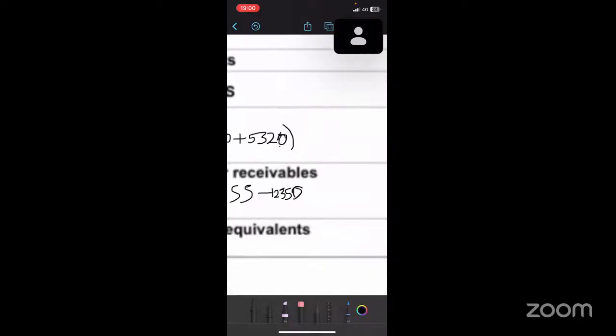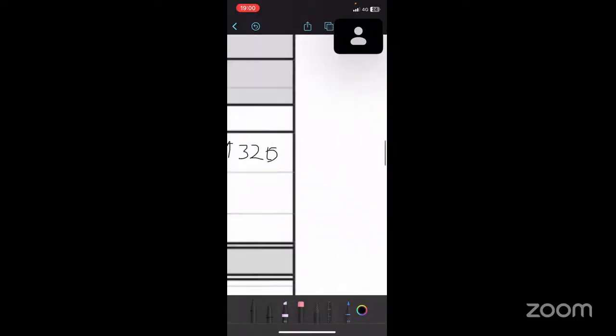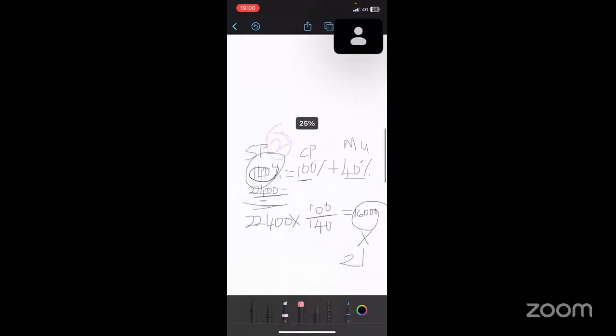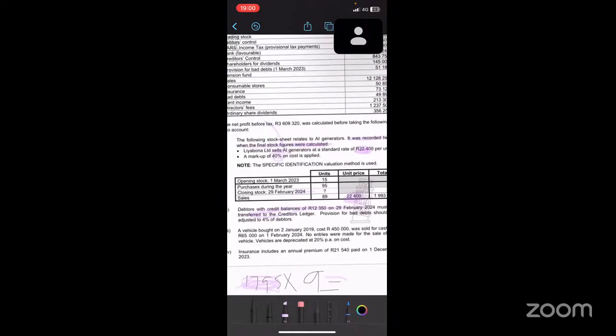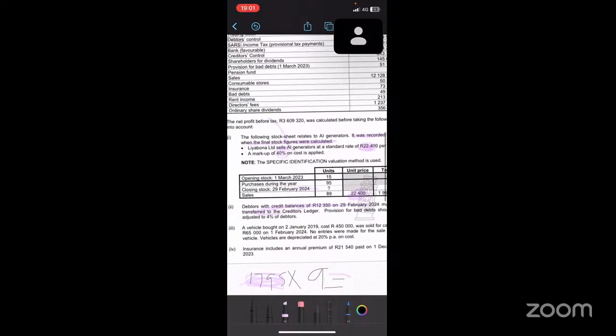So we're going to have, how much is it? 12,000, or is it 12,350? 12,350. And then provision for bad debts must be adjusted to 4% of debtors.